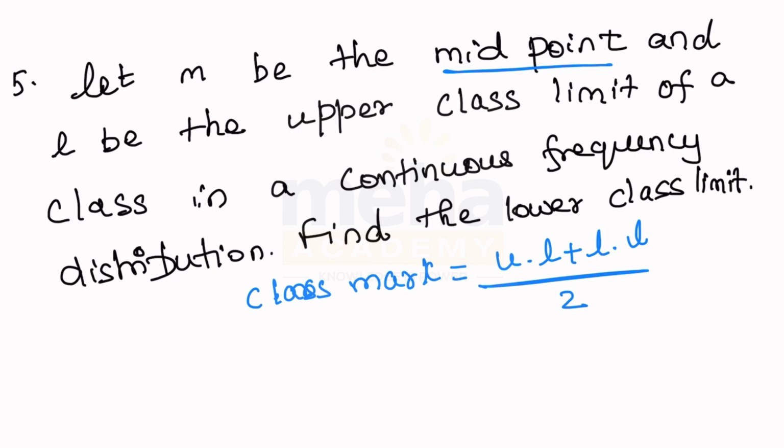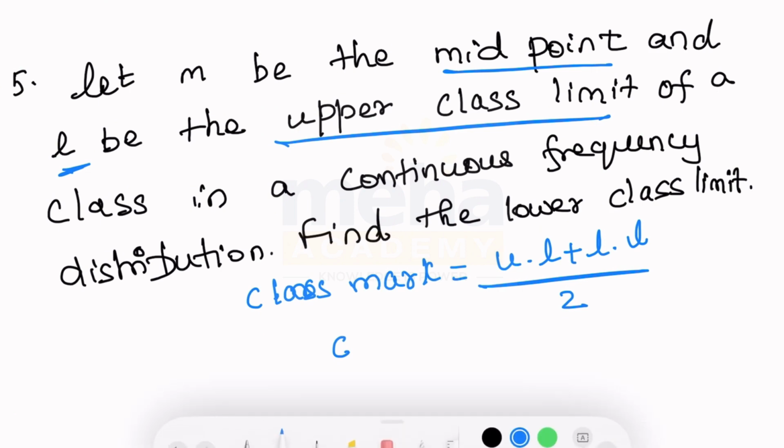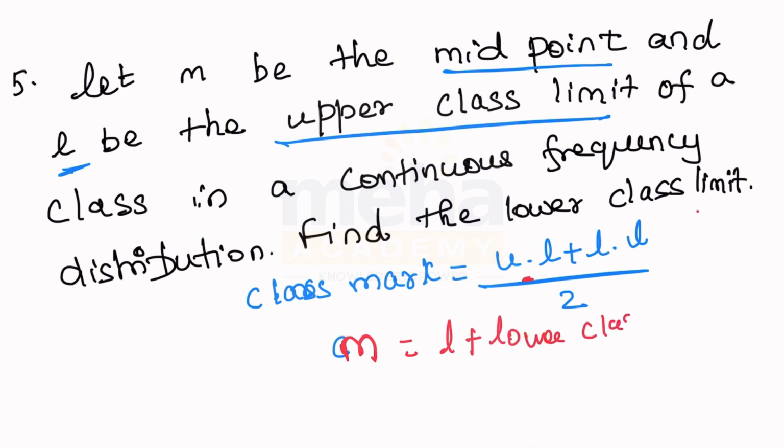Here the class mark is given as M and the upper class limit is L. So M is equal to (L plus lower class limit) over 2.